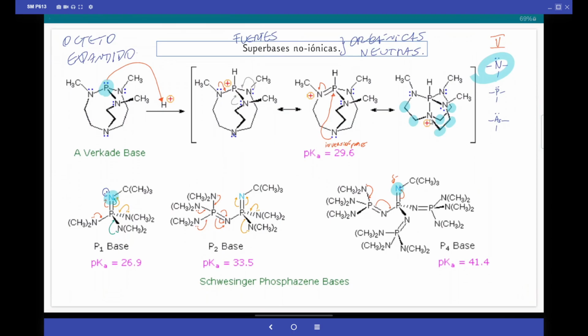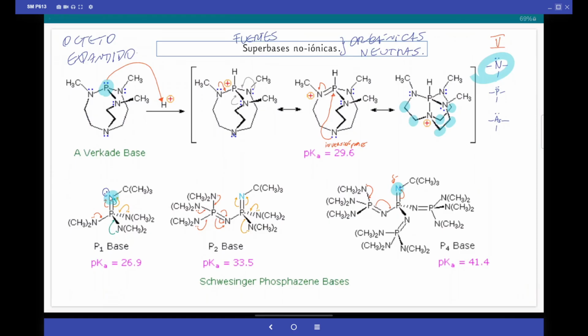The molecule also folds completely, like those plastic expandable balls that are toys for children. That phosphorus would be an exception, called a Verkade base, and the one below is called a Schwesinger base, although in that case it is a nitrogen that is protonated, with a bridge for resonance.